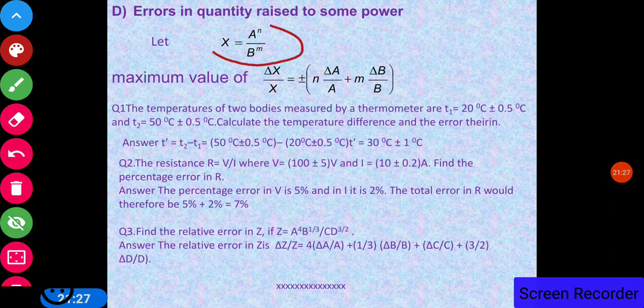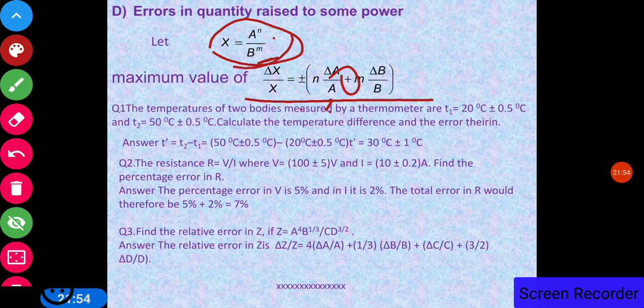Now suppose the quantity x is equal to a raised to power n upon b raised to power m, means power along with the division. Then the maximum value will be like this: del x upon x will be n times del a upon a, plus, just look at this sign, m del b upon b.